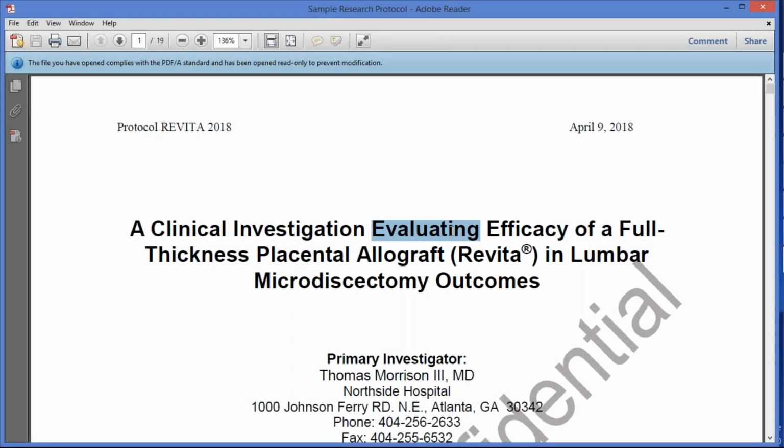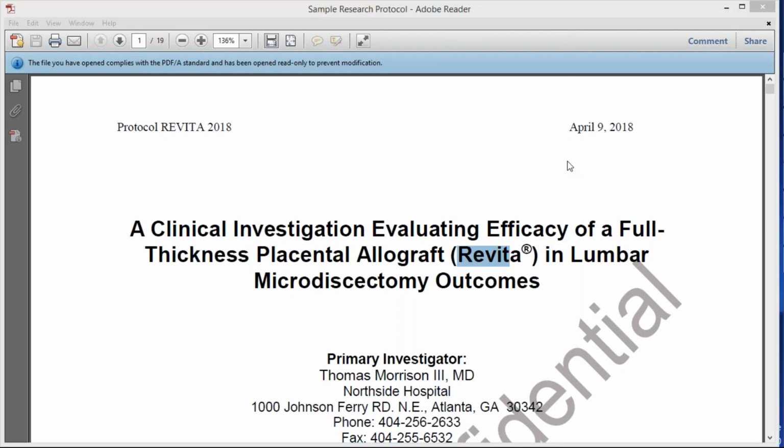Revita? Revita is the product name. Okay, so I'm asking the objective of the study, that means why we are conducting this study. Objective means to evaluate the efficacy.